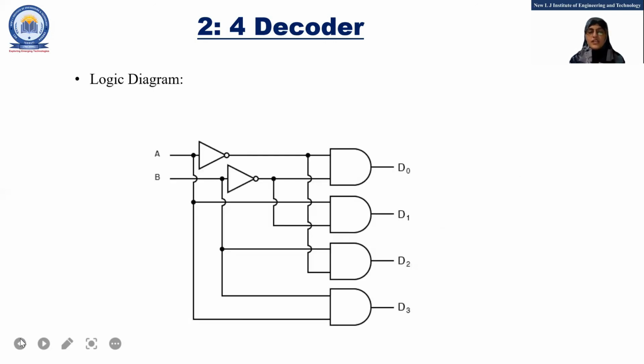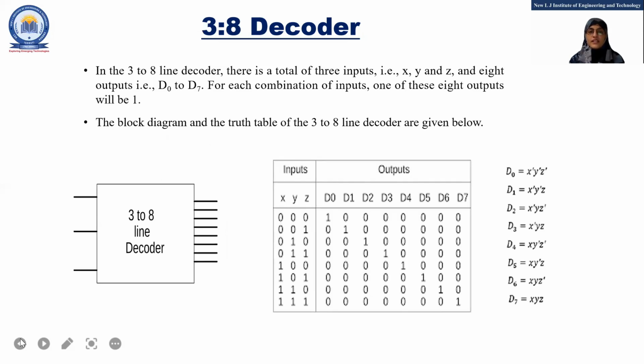Here we can generate the logic diagram of the 2:4 decoder as per the given equations. So this logic diagram accepts 2 inputs A and B and gives 4 outputs D0, D1, D2 and D3. Next is the 3:8 decoder. As the name suggests, it will accept 3 inputs and convert them into 8 lines of output.